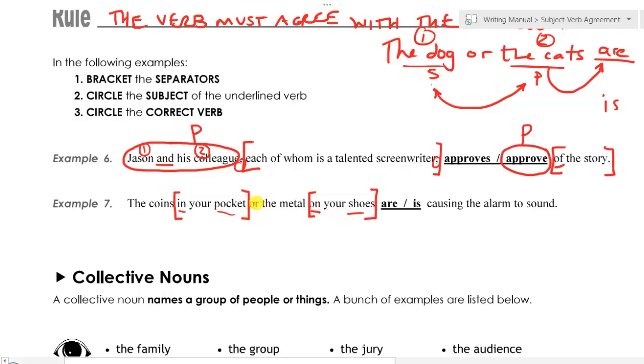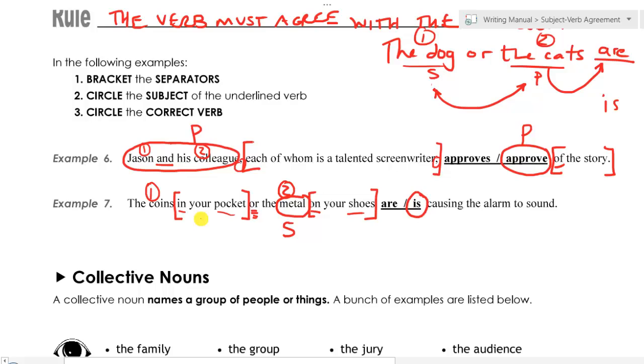And then what we see is that we actually have a compound subject, one noun, two nouns, joined by this or in the middle. The second subject is the metal, and that indeed is a singular subject, so we need a singular verb. The metal is causing the alarm to sound.